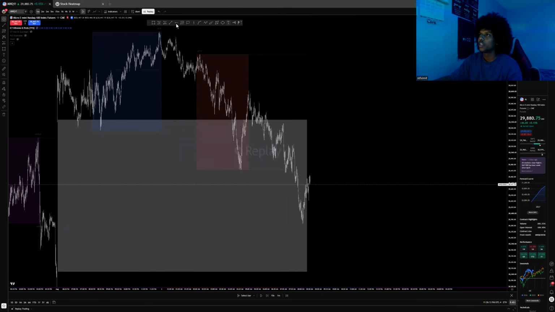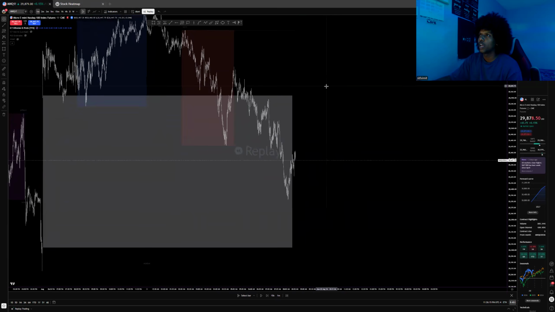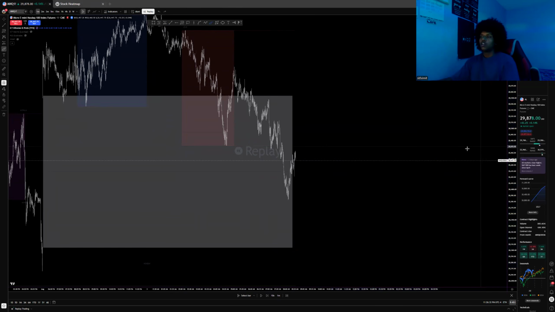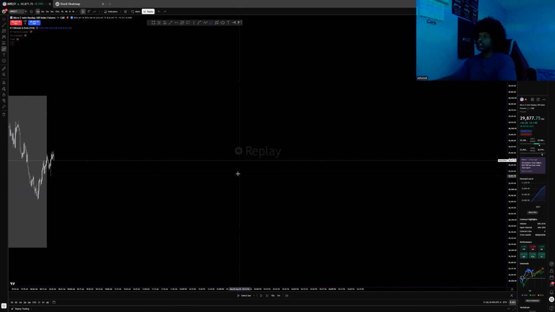Most probably what I would expect right at this price action is that the market should open, go down lower, sweep out, or probably fill this low and then give us a market structure shift, and then continue going up. So that's the plan. Let's see what happens.